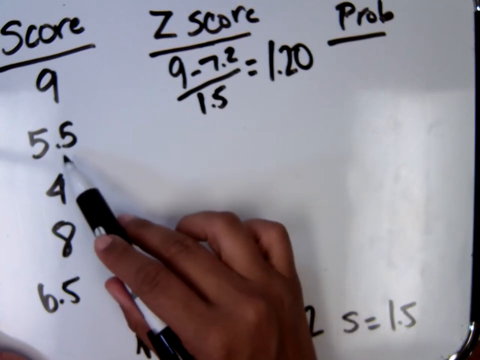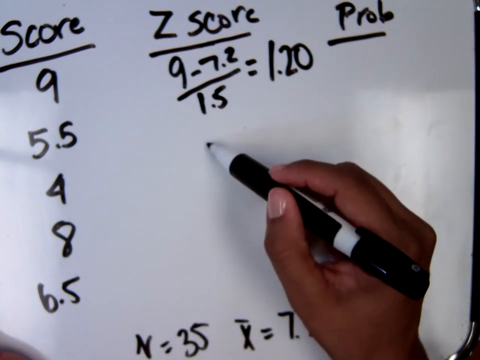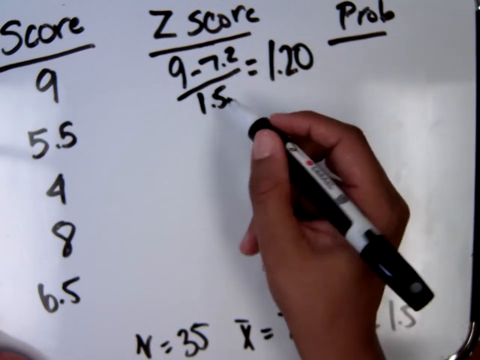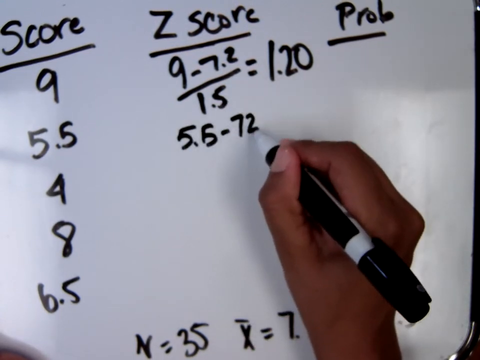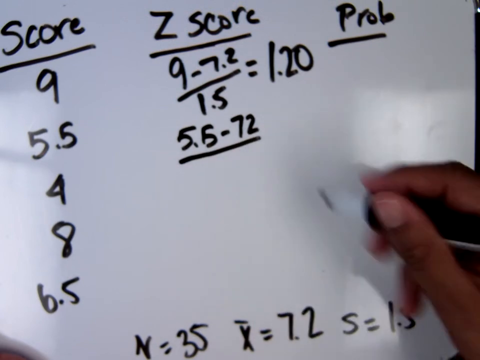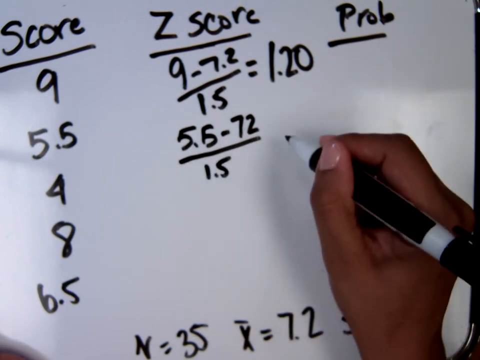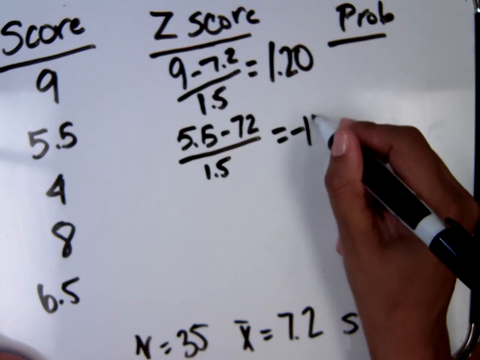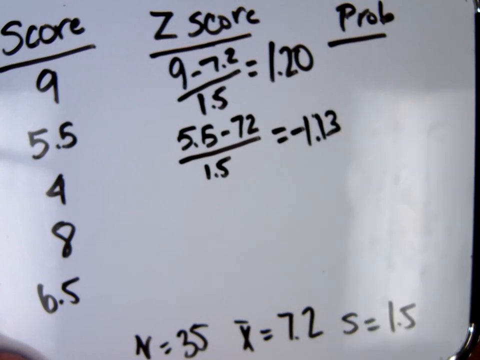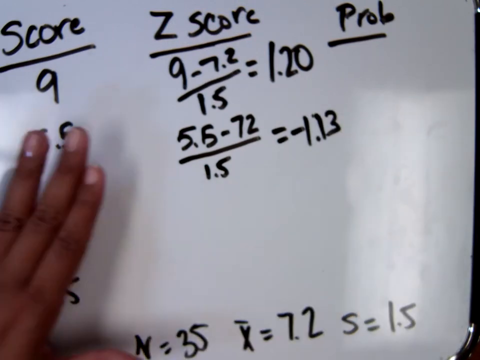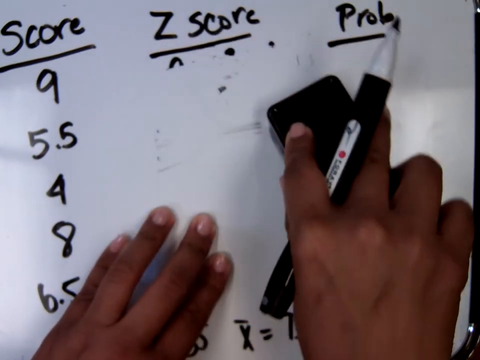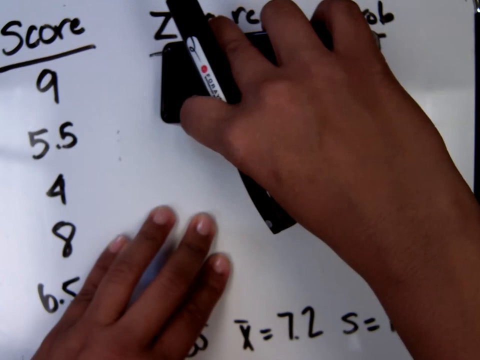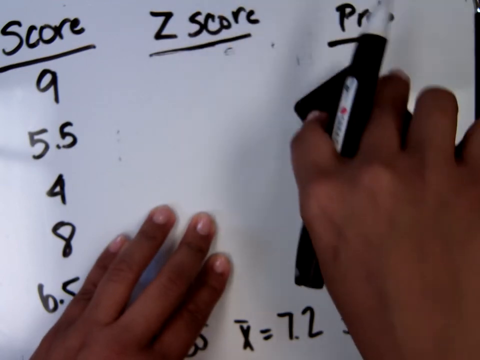For the next score, 5.5, I'm going to take 5.5 minus 7.2 divided by 1.5, which is going to give me negative 1.13. And you keep going all the way down, and I've already done these, so I will go ahead and list them here so you can check your work. You can go ahead and pause if you want to and finish out the problems.